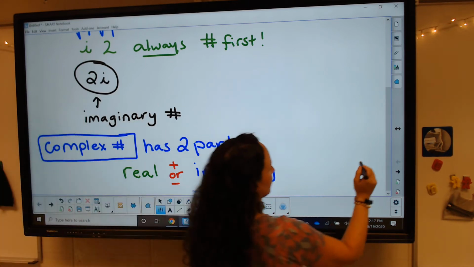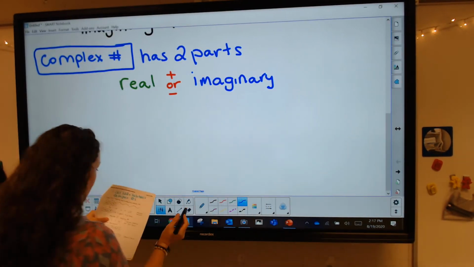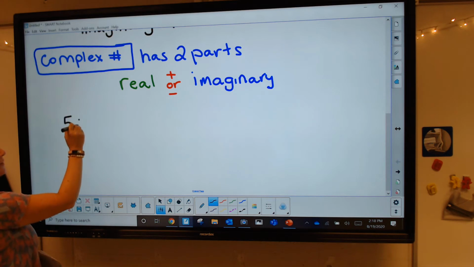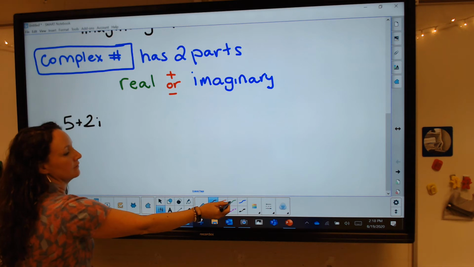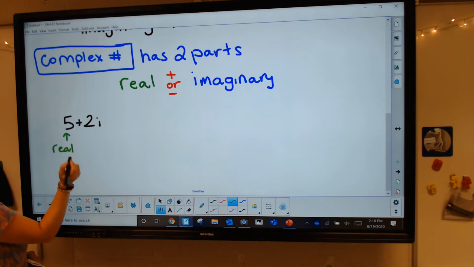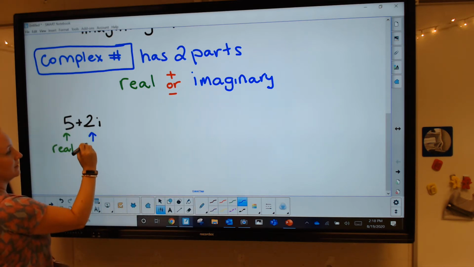So what a complex number looks like is this. I might have 5 plus 2i. They're saying this is real because it doesn't have an i, and that this is imaginary because it does.